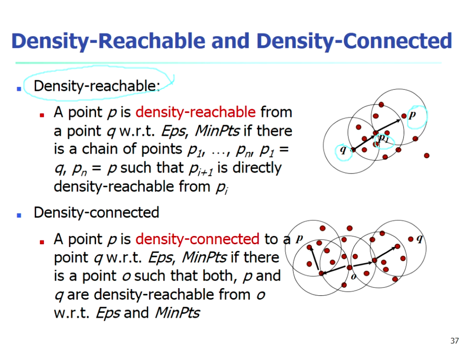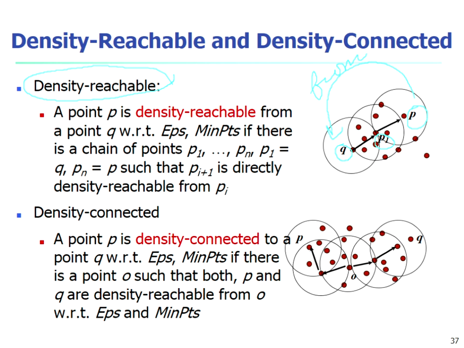Here we can say that a point P is density reachable from a point Q with respect to EPS and MinPts if there is a chain of points P1, P2, ..., Pn with P1 equal to Q, Pn equal to P, such that P(i+1) is directly density reachable from Pi.